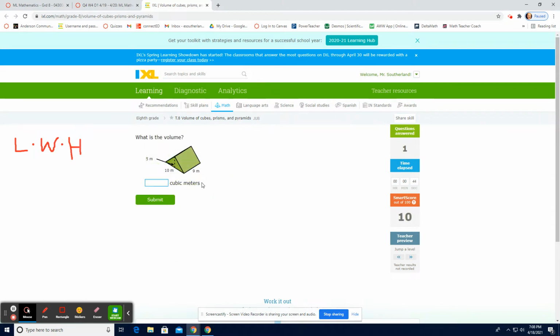This is called a triangular prism. So what you're going to do is you're going to do the exact same thing, length times width times height, right? This is for a cube or rectangular prism. So we'll write cube here or a rectangular prism.